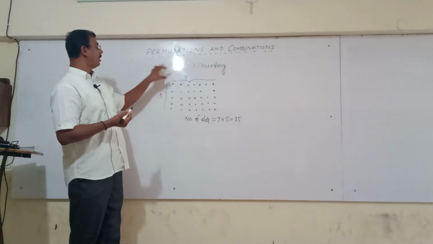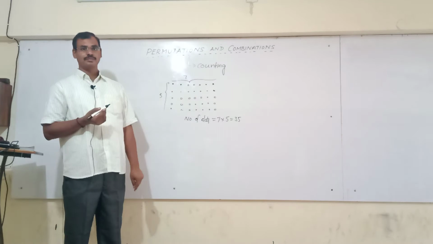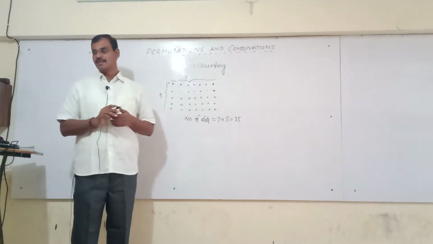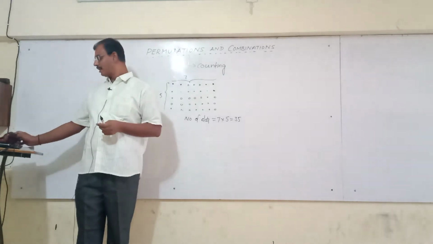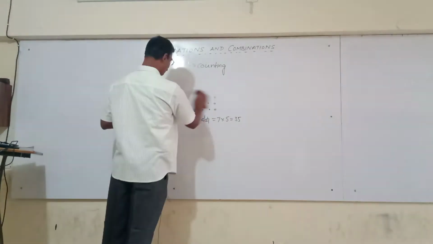Like this, we have rules in permutations and combinations. In permutations and combinations we have only 2 primary rules. What are the 2 primary rules?